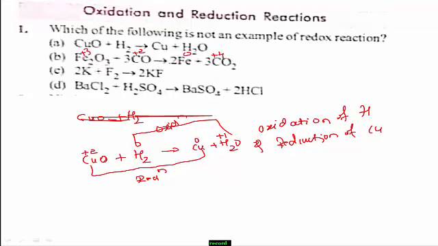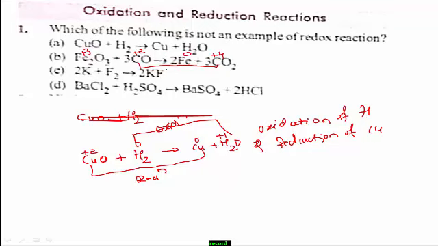As you observe the oxidation state of carbon, it changes from +2 to +4, an increase in the oxidation number. Therefore oxidation of carbon and reduction of iron takes place here, because the oxidation state of Fe changes from +3 to 0, meaning reduction takes place, right?